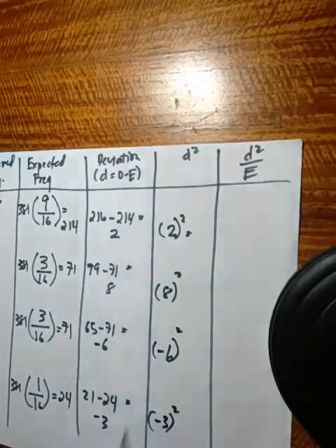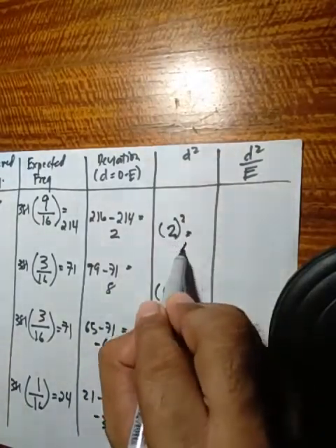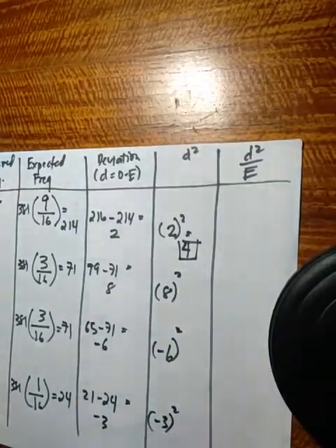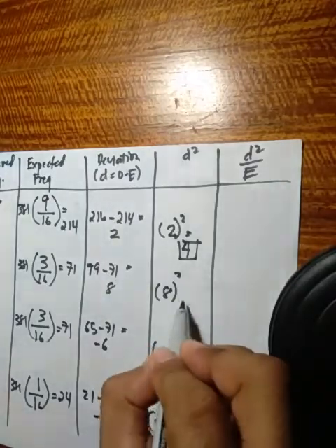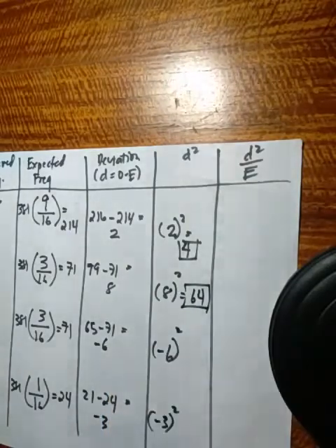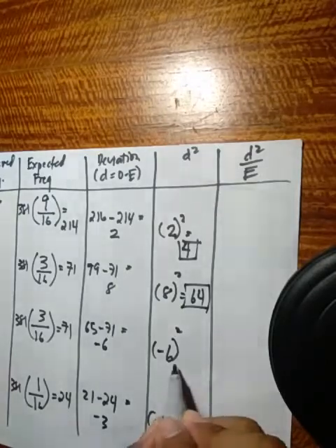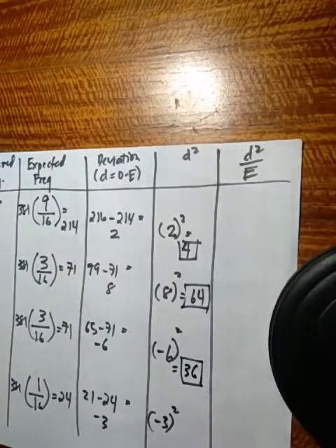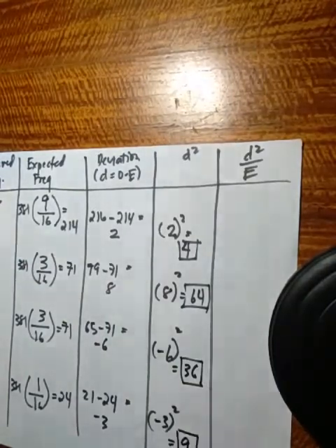So the answer becomes 2 squared is 4, 8 squared is 64, negative 6 squared is 36 with the negative disappearing, and negative 3 squared is equal to 9.